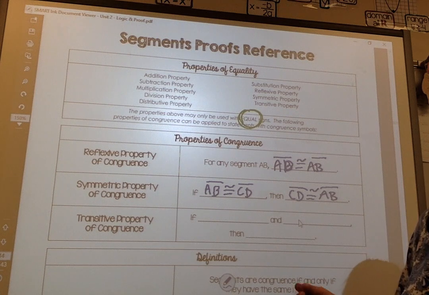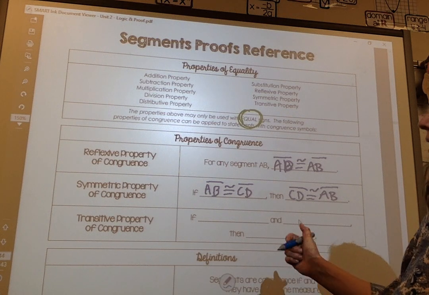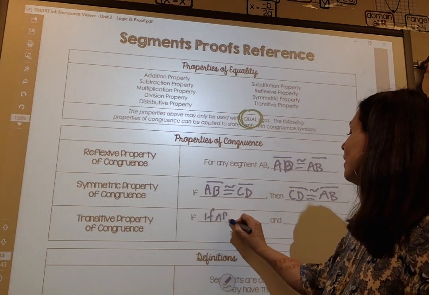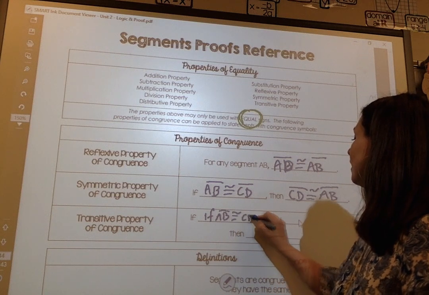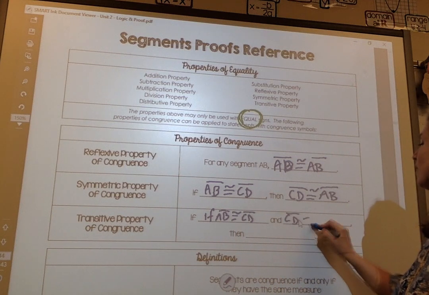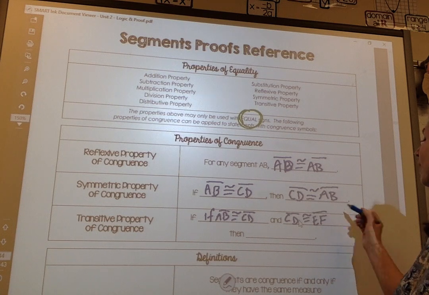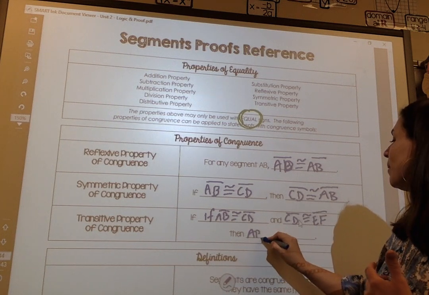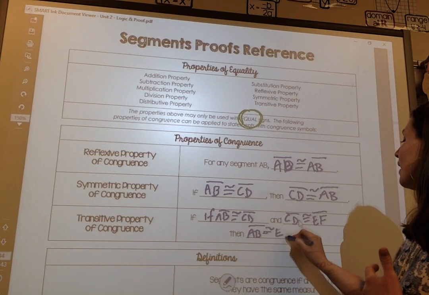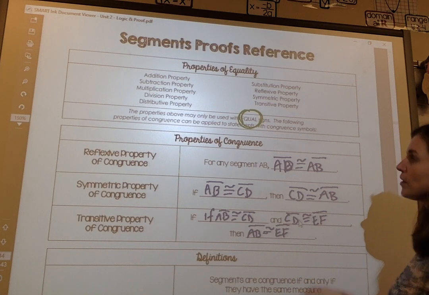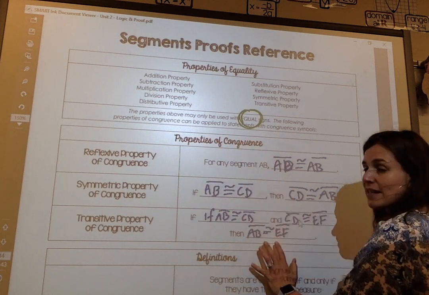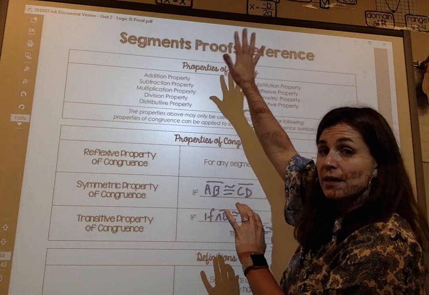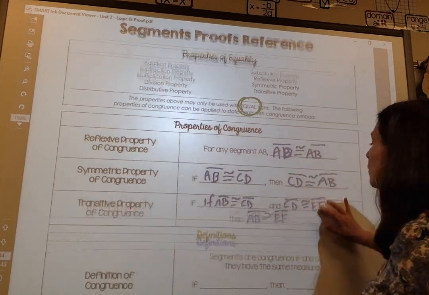All right, so transitive says that if AB is congruent to CD and CD is congruent to EF, then AB is congruent to EF. Notice, properties of congruence have to have a congruency statement. Properties of equality have to have that equal sign for an equal statement.